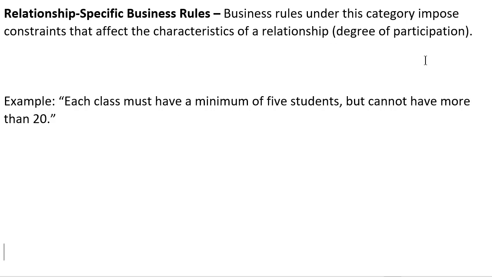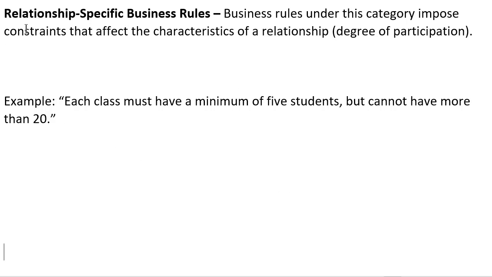The other category of business rule is this relationship-specific business rule. So under this category, the constraints affect the characteristics of the relationship, or sometimes that degree of participation. So it could be, is it optional to have a related piece of data in another table, or does it require one and only one, or can it have many types of relationships there.